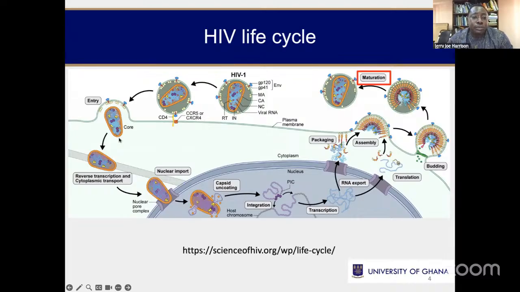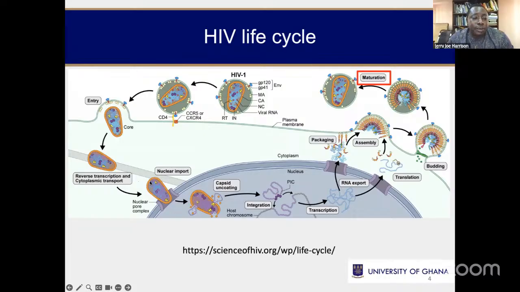When the core is released into the cytoplasm, it gets transported through microtubules or whatever cargo it is into the nucleus. Now, it is believed that in the course of the transport of the fullerene cone structure into the nucleus, reverse transcription takes place where the single-stranded RNA genome gets copied into double-stranded DNA.